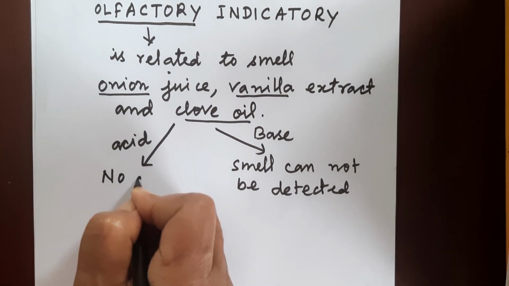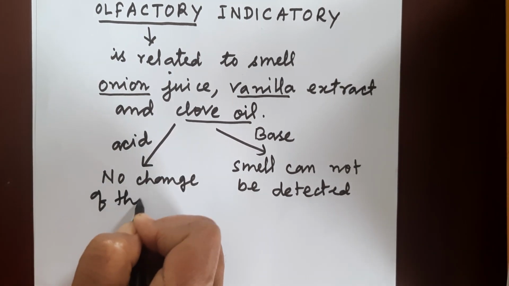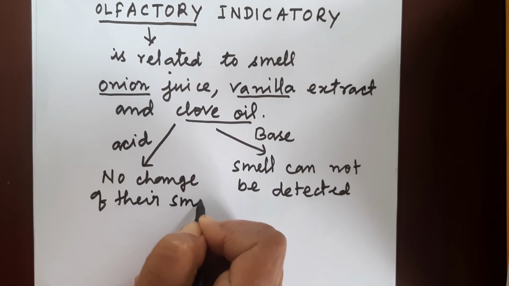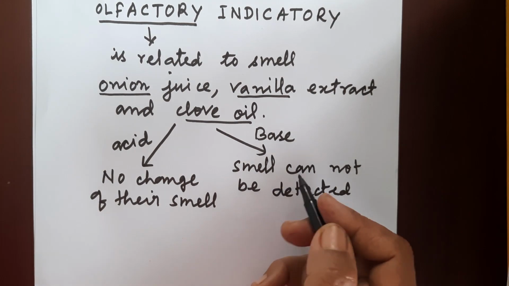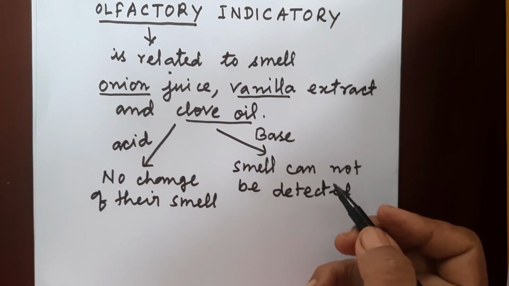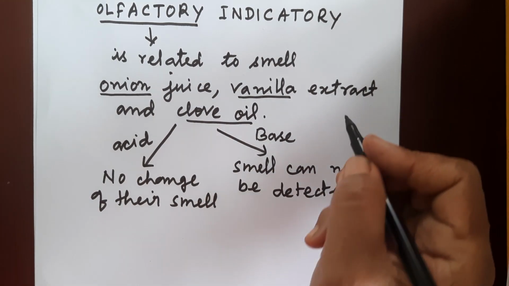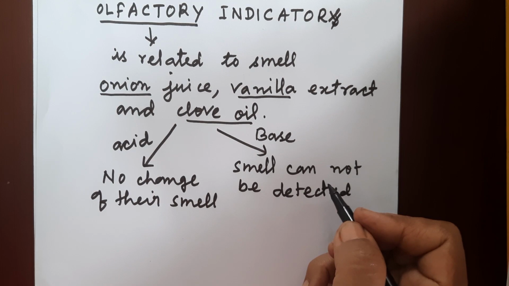That means acid does not destroy their smell, but in basic solution, their smell cannot be detected. So in this way, by using olfactory indicators also, we can identify whether a substance is an acid or a base. So I hope you have learned something new today.